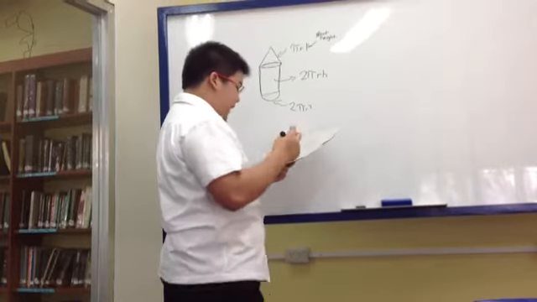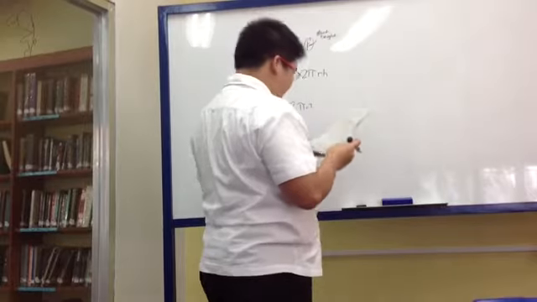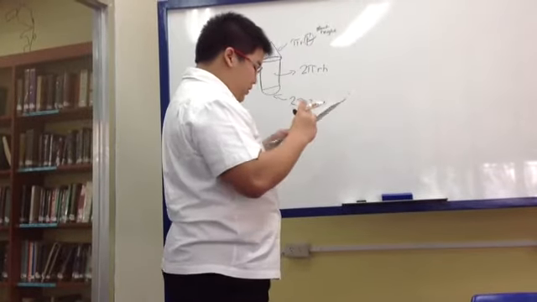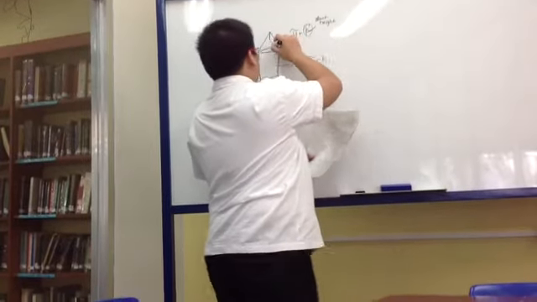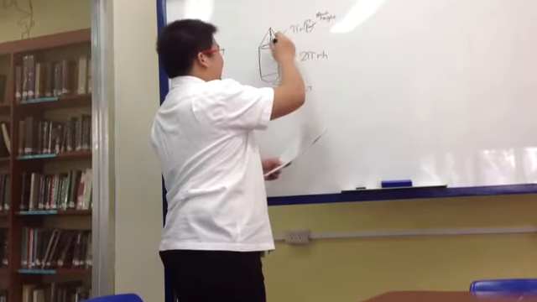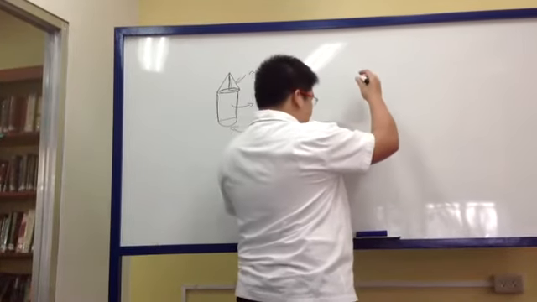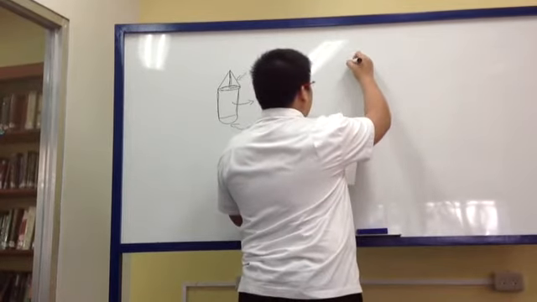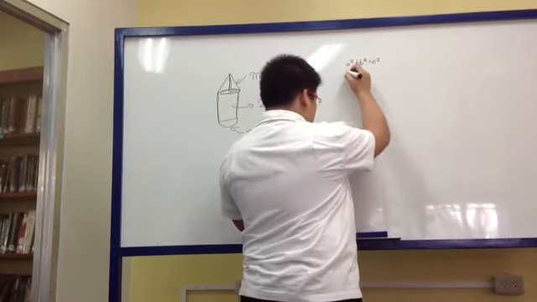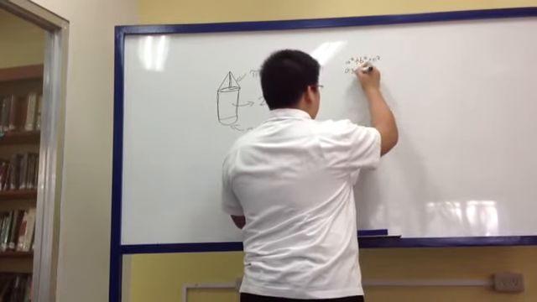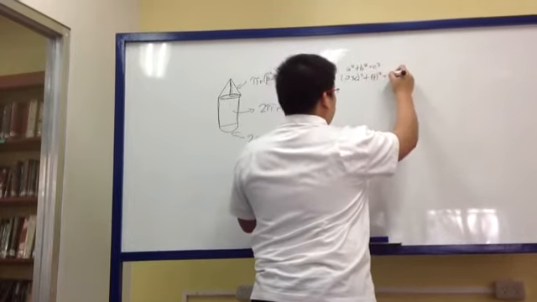So first we have to get the slant height for the cone. The slant height is the hypotenuse of the cone, if we make a right triangle. The formula is a squared plus b squared equals c squared. So in this case, it's 0.36 squared plus 4 squared equals L squared.